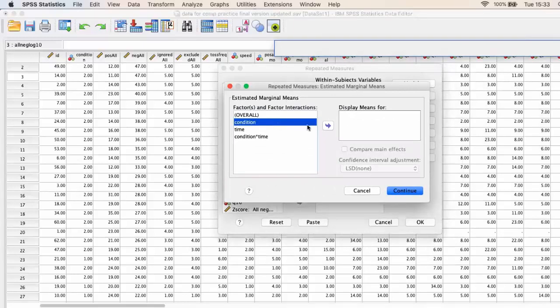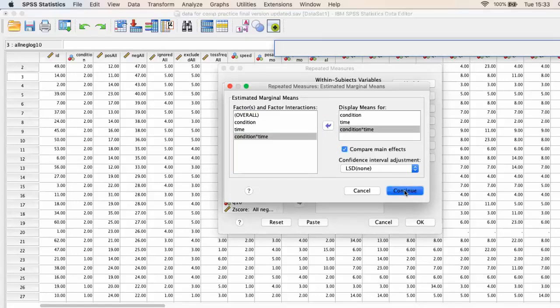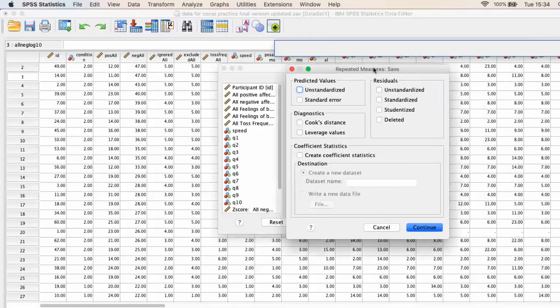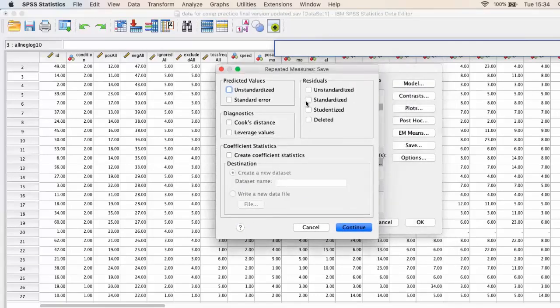And you want to look at your means, right? So the means for each of your variables, both within and between, and then you want to look at your interaction. Compare main effects. Save: you want to save your standardized residuals, your unstandardized predicted values, and your Cook's distance.